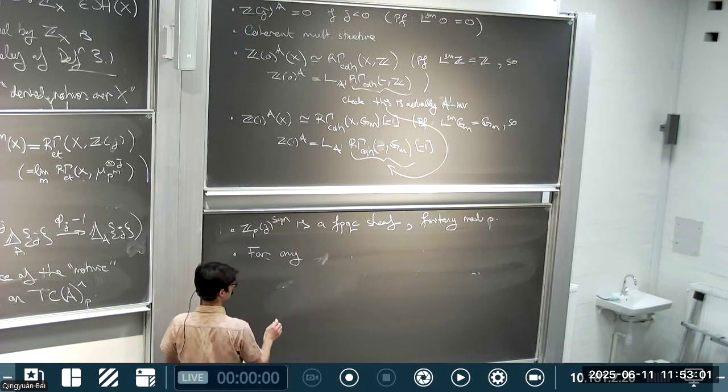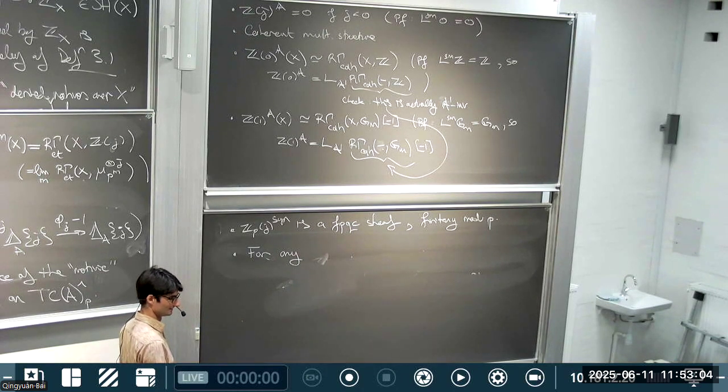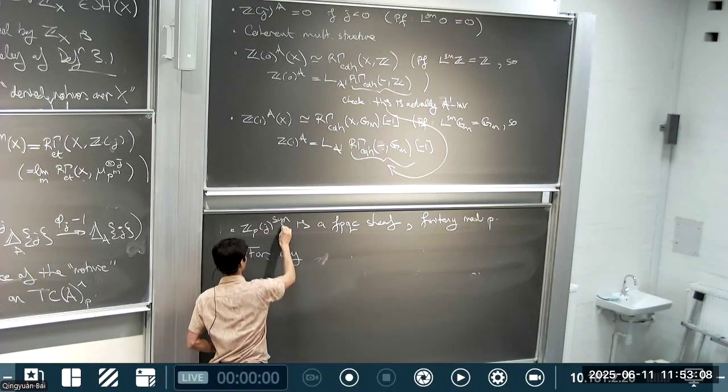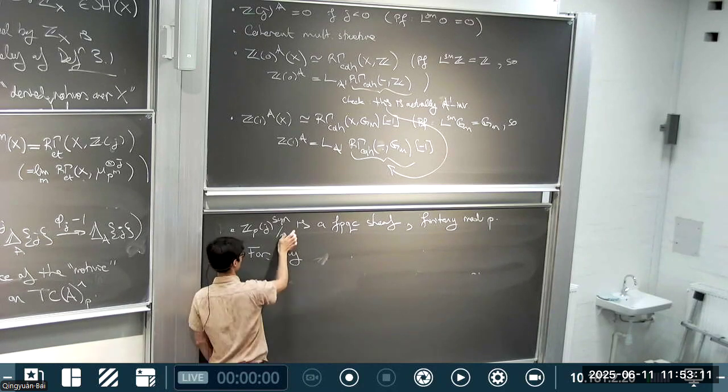When you say mod P, do you mean on FP schemes or modding out mod P after it? So I mean not P on the target, I mean that can commute with filtered colimits. Yeah.